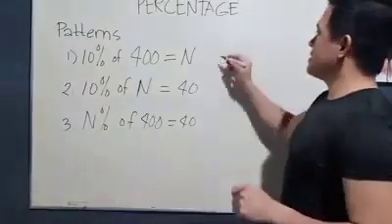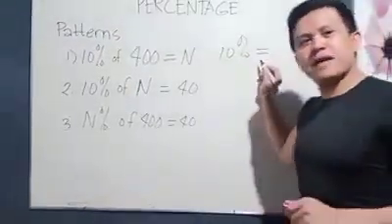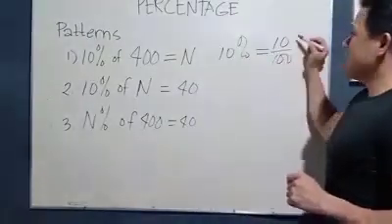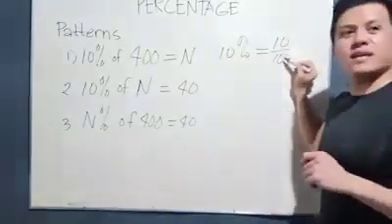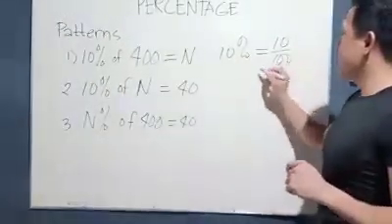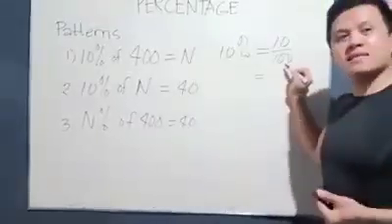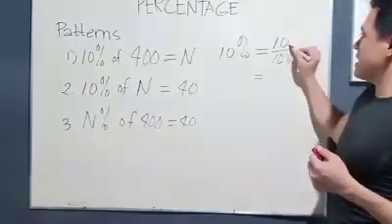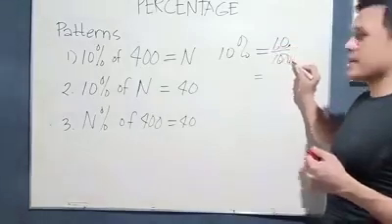So, 10%, this is equal to, in fraction, 10 over 100. Kasi, as they said, 10%, percent there is 100. 10 over 100. And that is dividing. Look at this. How many zeros 100 has? There are 2, right? So the decimal place for 10 is here. You just have to move 2 decimal places kasi may dalawang zero si 100.